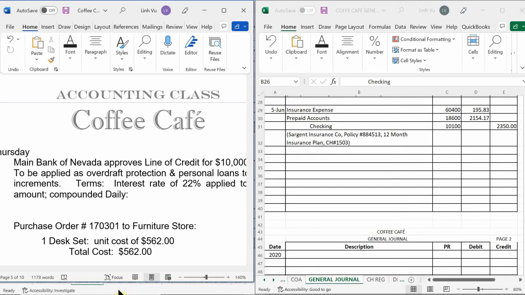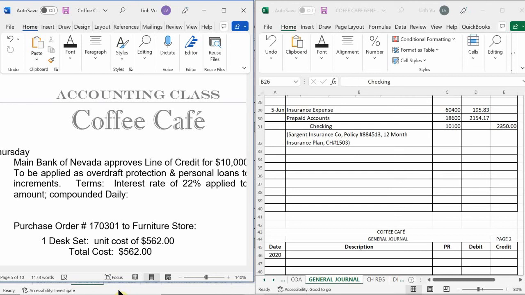So you say it's a line of credit? So what happened to this? It's a $10,000 line of credit to be applied on overdraft protection, and if you want to take personal loans, up to $1,000.